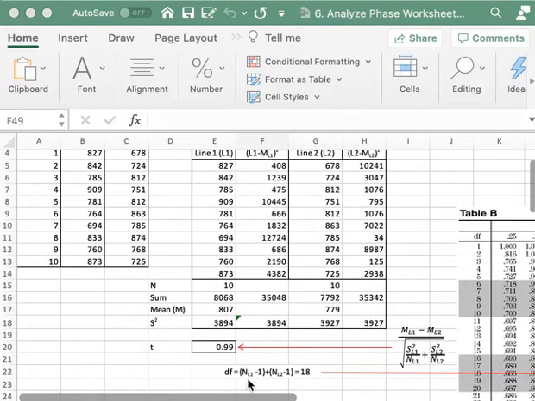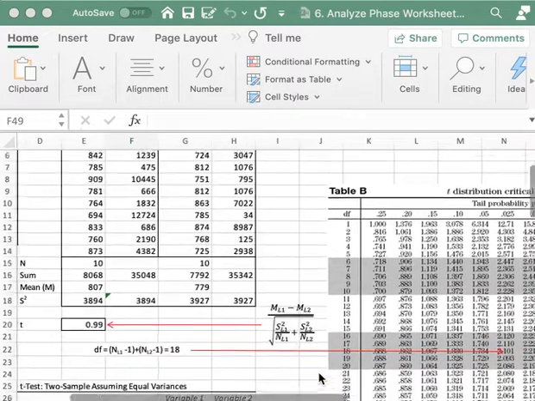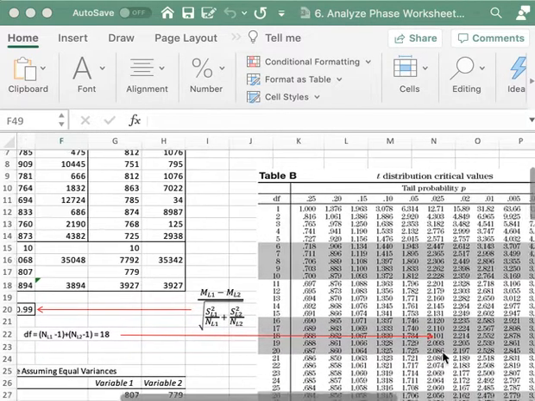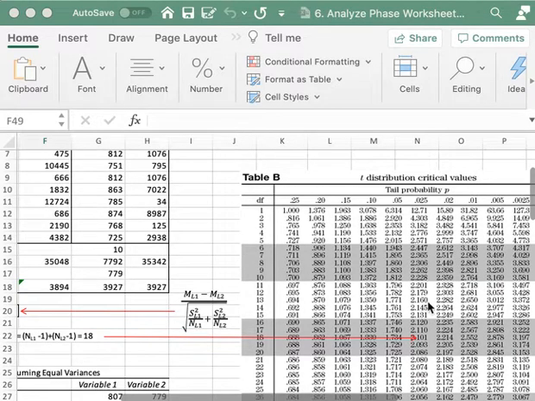Degrees of freedom is the sample size of one line minus 1 plus the sample size of the other line minus 1. So we have 10 and 10. So 10 minus 1 plus 10 minus 1 is 18. So this is where you look at the degrees of freedom here in this column, so 18. And then if we're doing a one-tailed or two-tailed t-test, we're doing a two-tailed t-test. So our critical value here is 2.1.